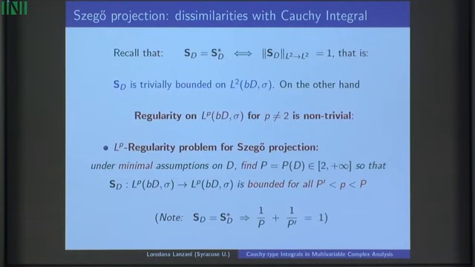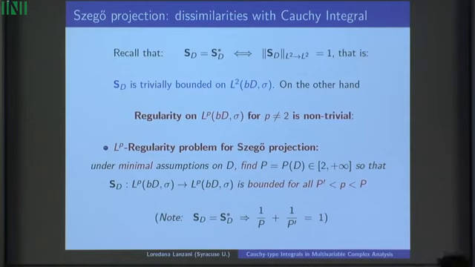So now, more dissimilarities with the Cauchy integral. Remember what we said: a characterization of being an orthogonal projection is to be bounded in L2 with minimal norm. So the Szegő projection is trivially bounded on L2. However, in general, it is not a Calderón-Zygmund operator. And so from boundedness in L2 does not follow boundedness in L^p.